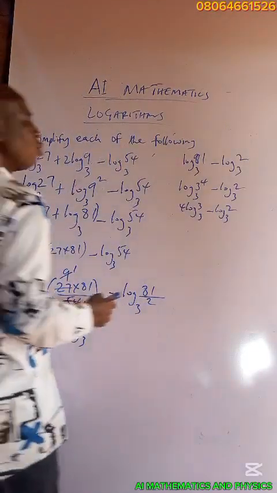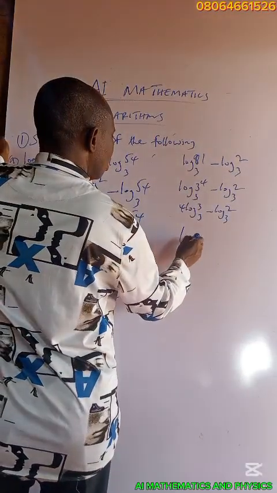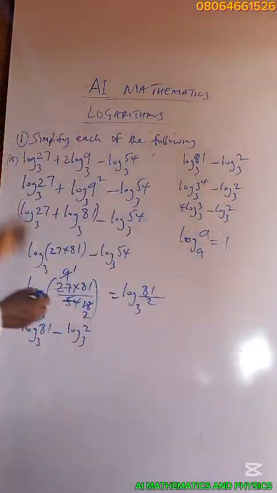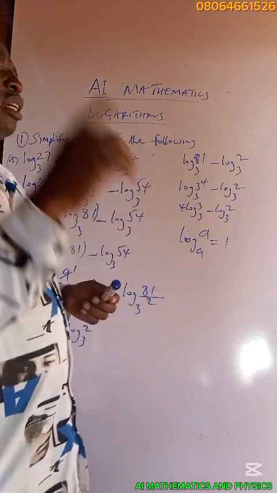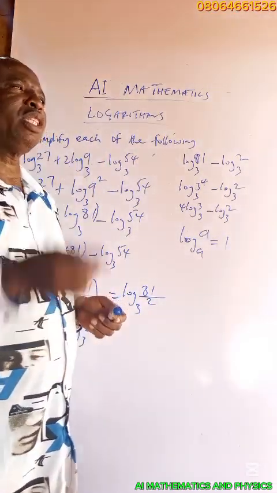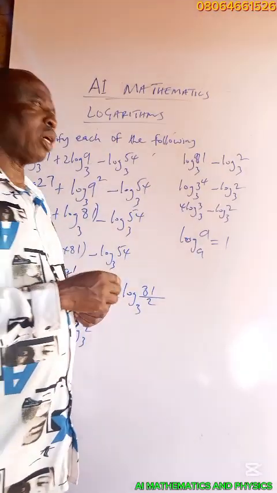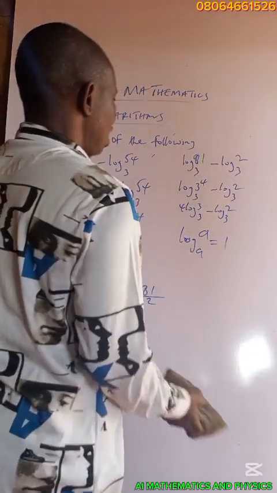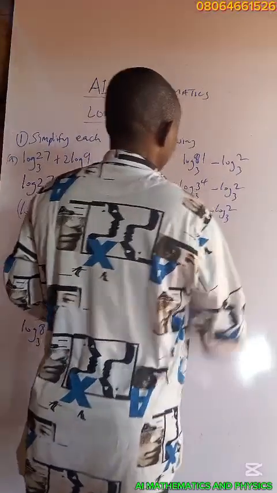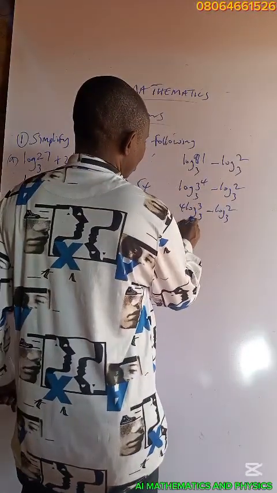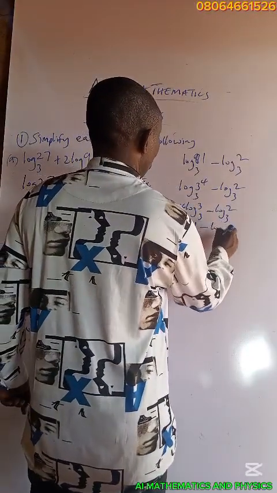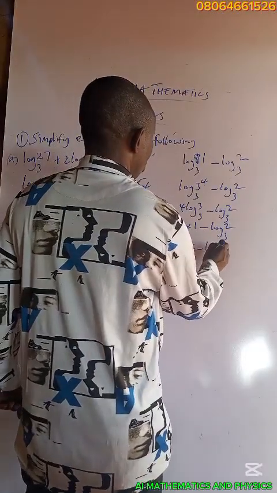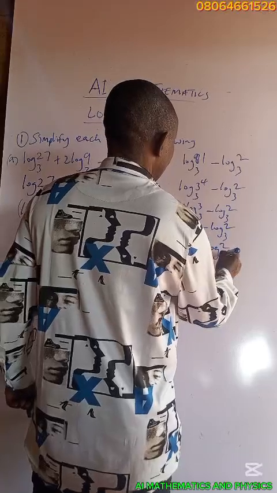Don't forget that we have a rule that says log a base a is equal to 1, which means log 10 base 10 is 1, log 2 base 2 is 1, log 3 base 3 is 1. Whenever the base and the log are the same, the answer will be 1. So this one will be 4 times 1 minus log 2 base 3. 4 times 1 is 4, so 4 minus log 2 base 3.